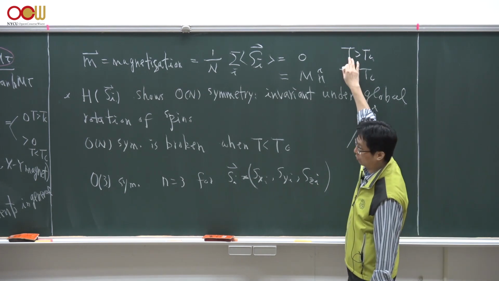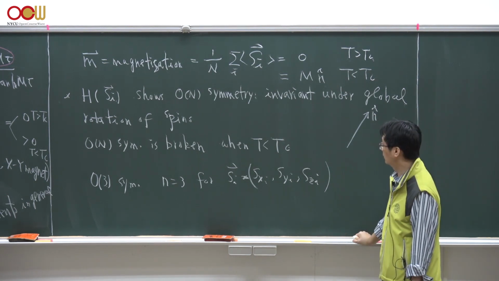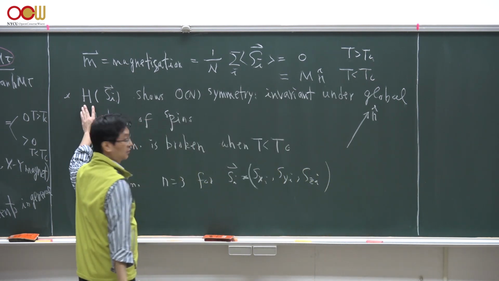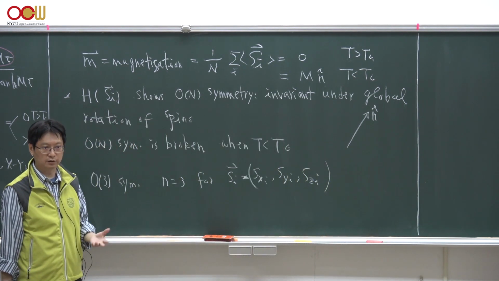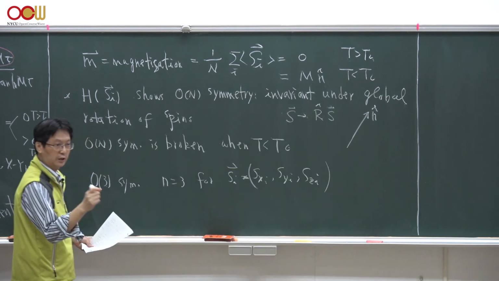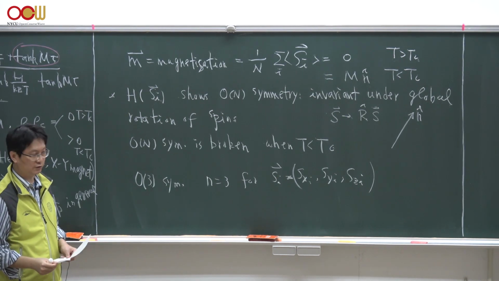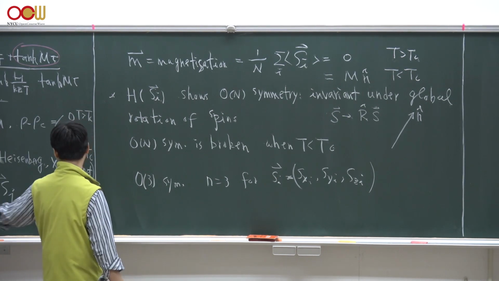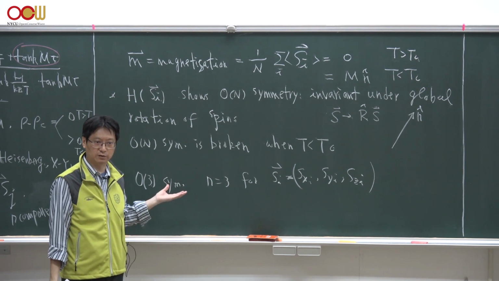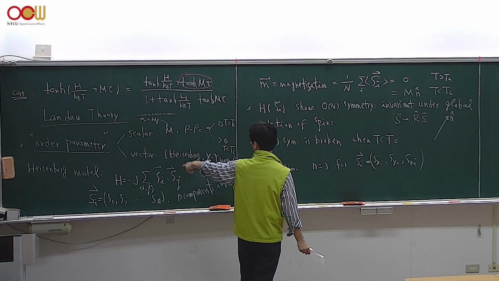So in the disordered phase, the Heisenberg model shows the so-called O(n) symmetry, which is a symmetry that leaves this Hamiltonian invariant under a spin rotation. Suppose we have rotation of a spin vector on every site, and under such a spin rotation of an n-component spin vector, the Hamiltonian of a Heisenberg model is still the same, because this is Si dot Sj, right?